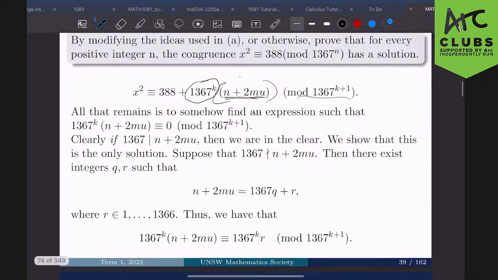Okay, and now we're going to be proving by contradiction. We'll just assume that it does not divide and then see what happens.